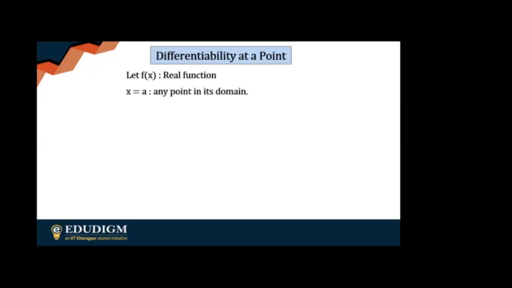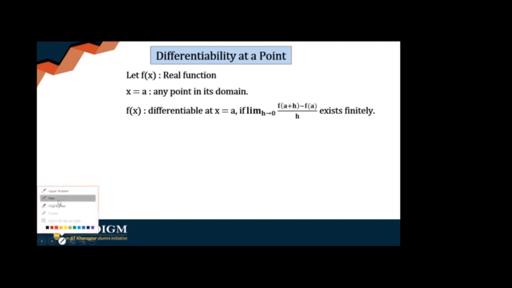Take any real function and any point. Now, this is something I want you to see. First of all, you're already familiar with the very basic first principle of differentiation. This is what you originally had in the first principle.